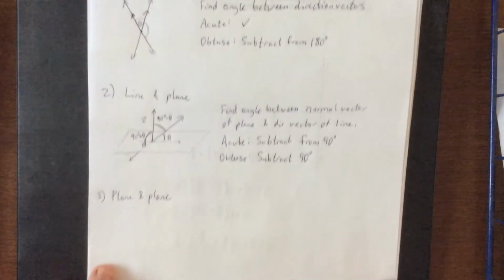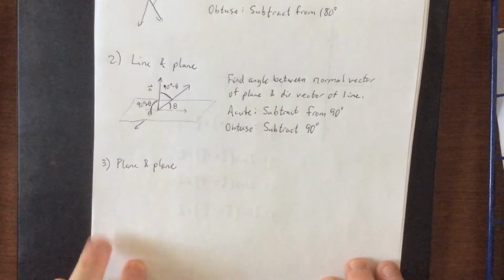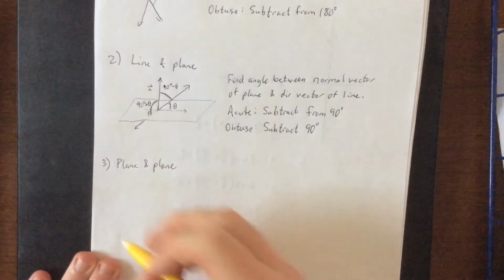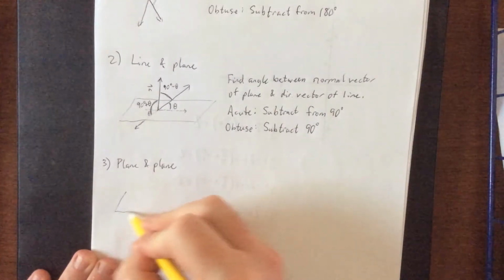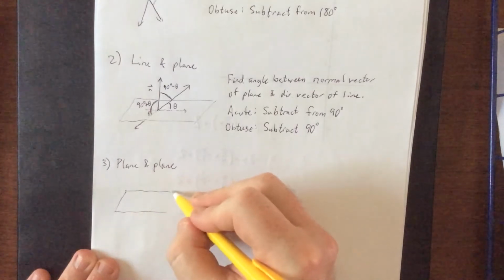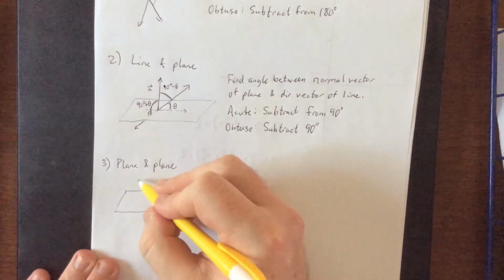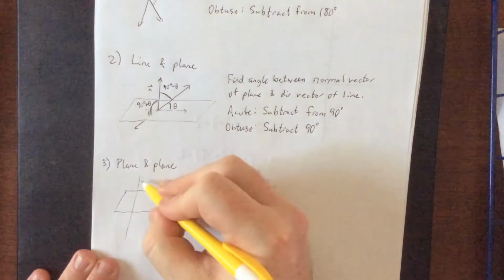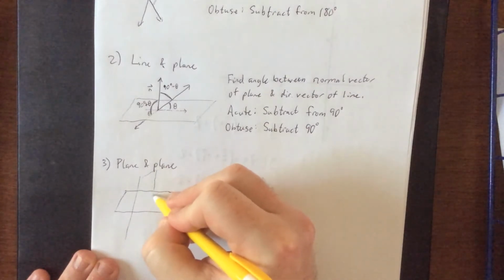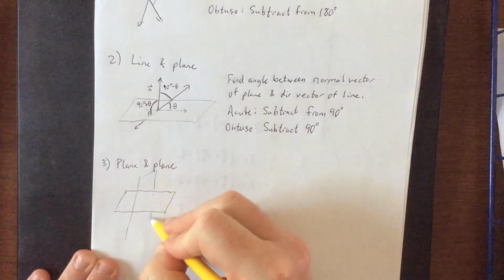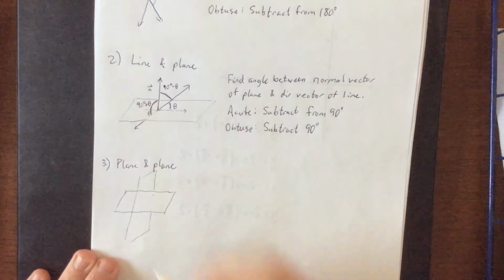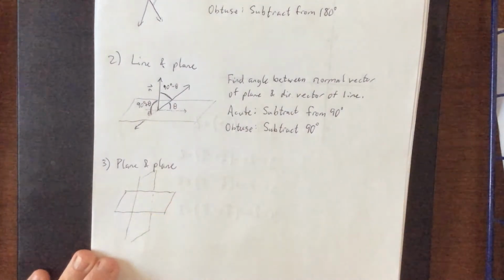Now, as far as a plane and a plane is concerned, this one's a little bit more complicated to draw, but we're going to try it, and then we're probably going to fail, and then we're going to try something else. Oh yes, already looking quite questionable. So, you know what?